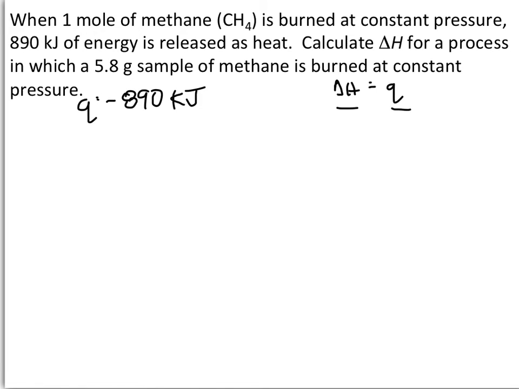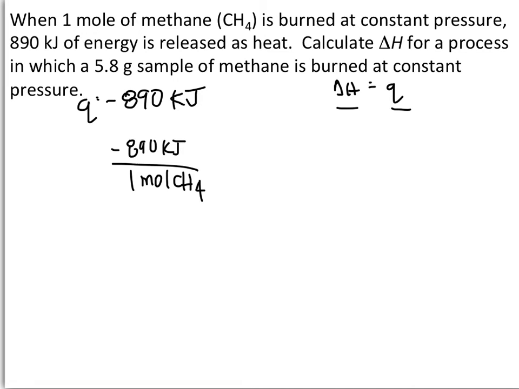And we know that because we burned exactly 1 mole in order to get that quantity of heat, the relationship between our heat and our amount of burned methane is as follows. So basically, for every 1 mole of CH4, 890 kilojoules of heat are going to be released.